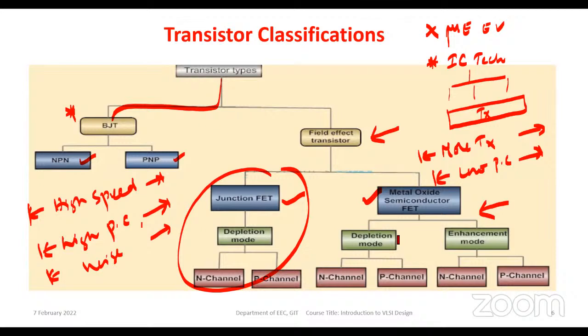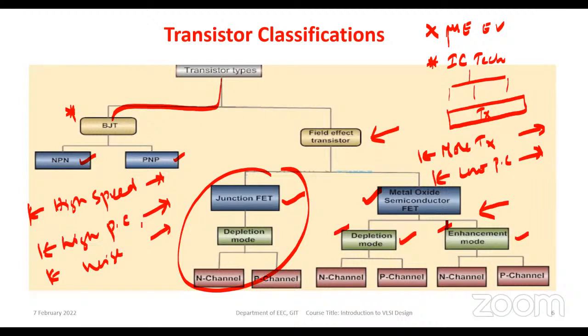Here also two flavors are there: depletion mode and enhancement mode transistors. Whenever we make a transistor, depending upon the channel, we can classify these things. We will have a detailed discussion about depletion mode and enhancement mode, and NMOS and PMOS transistors, later on.